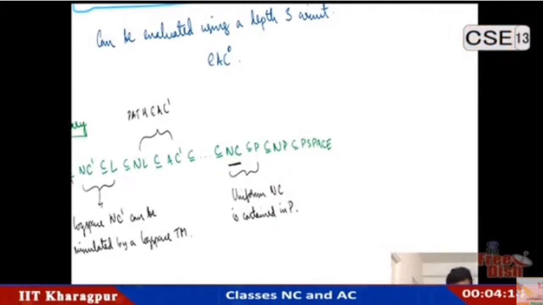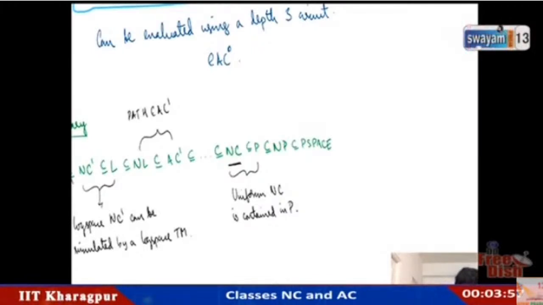You cannot generate any circuit using a log space machine, because we have other constraints about how much the depth should be, log n to the power something, right? So it's only a containment, it's not an equality.